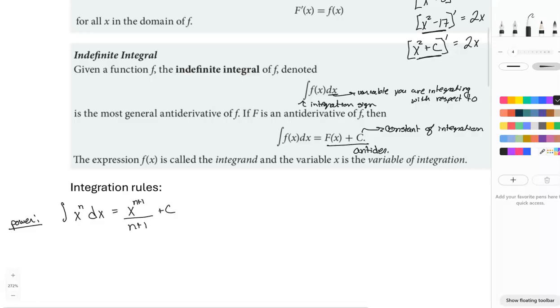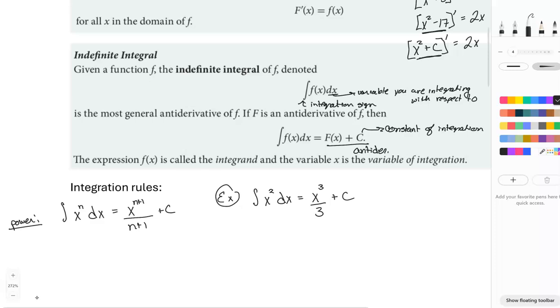And then we're going to have plus c. So for instance, suppose we want to integrate x squared with respect to x. We're going to add 1 to the exponent, divide by the new exponent, and then have that plus c on the end.